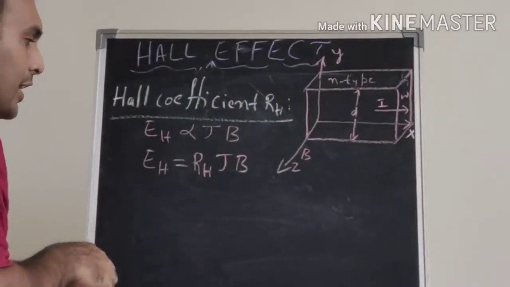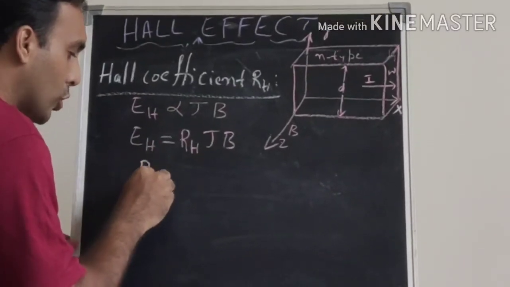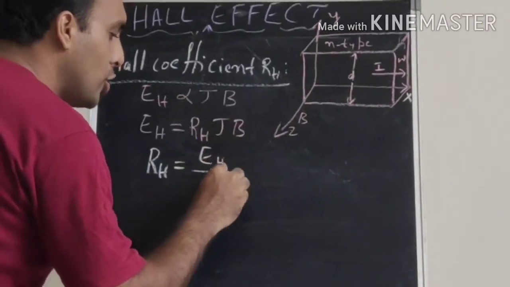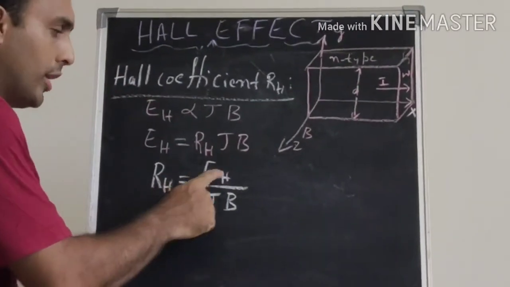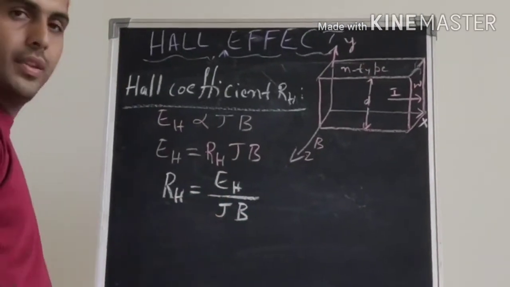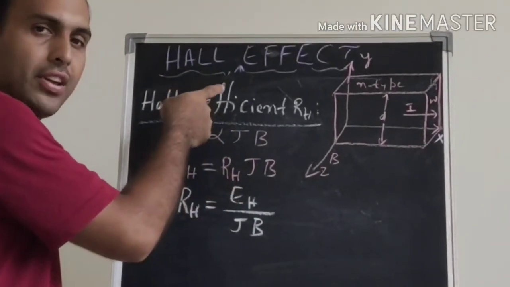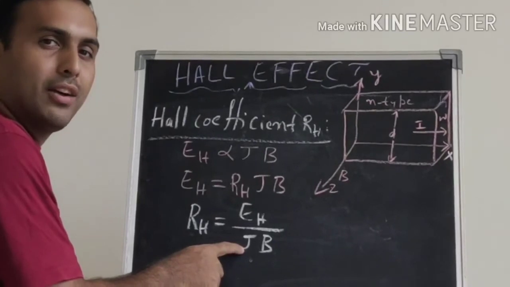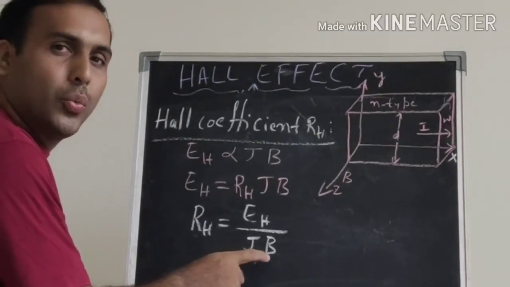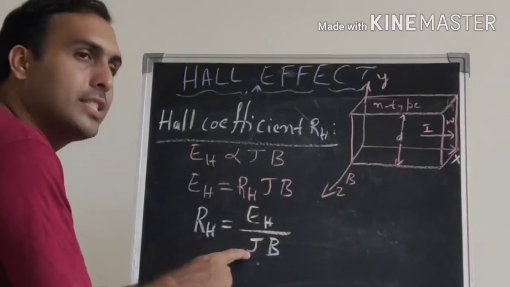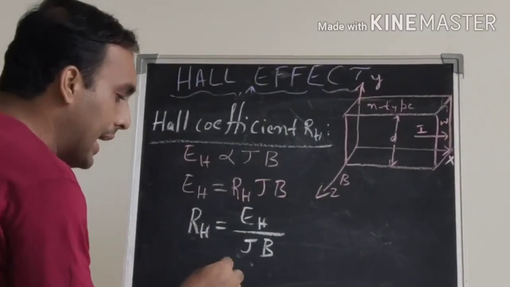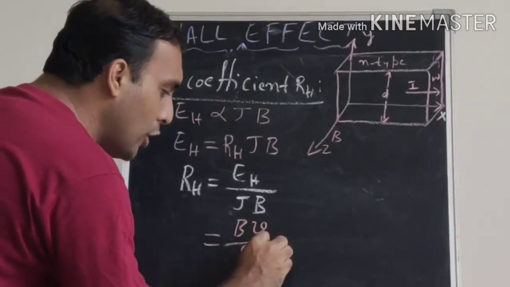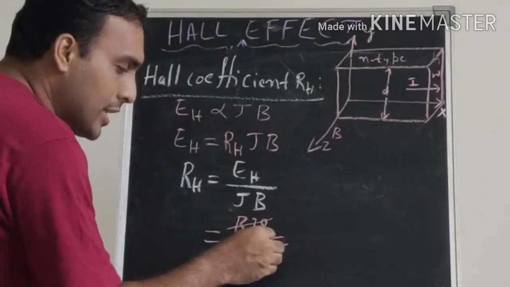From this, we can write RH is equal to EH by J into B. See, we know what is EH. In the derivation we studied EH is equal to BV, and from equation number 5, we know that J is equal to rho into V. So EH is equal to BV, J is equal to rho V. Substituting that, we can write this is equal to BV by rho V into B. So this BV and this BV cancel.